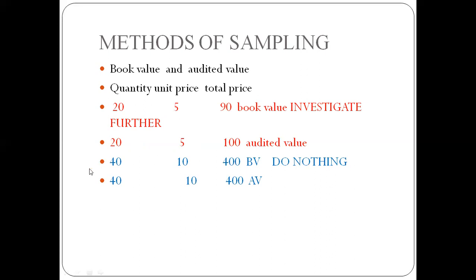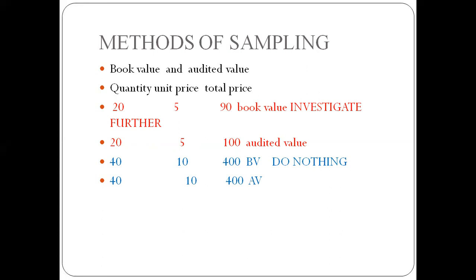Look at the second scenario. Book value: quantity is 40, unit price is 10, total price is 400. The audited value: quantity is 40, unit price is 10, and the audited value is also 400. You can't bother yourself about this. Obviously, there's no audit issue here.